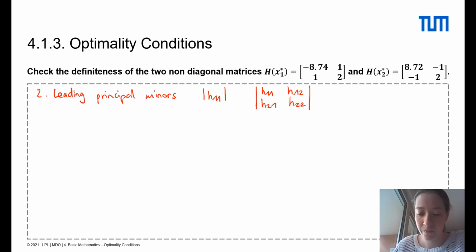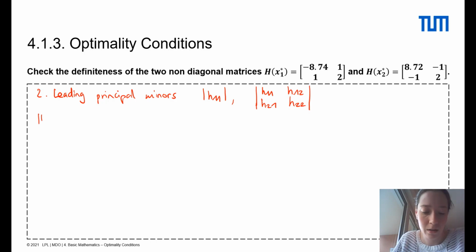You have to be a bit careful here because you can only use this to check for minima, so for positive definiteness. This is usually not a big problem in the optimization because optimization problems are mostly formulated as minimization problems, or in other cases you can just reformulate it. But yeah, just keep it in mind.